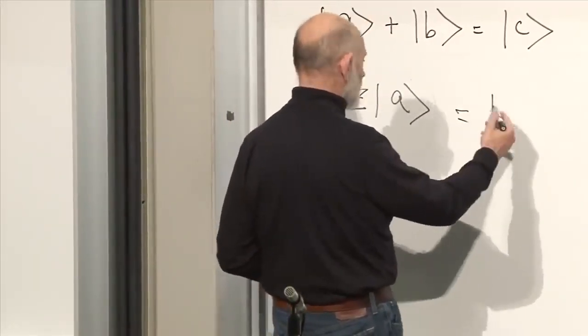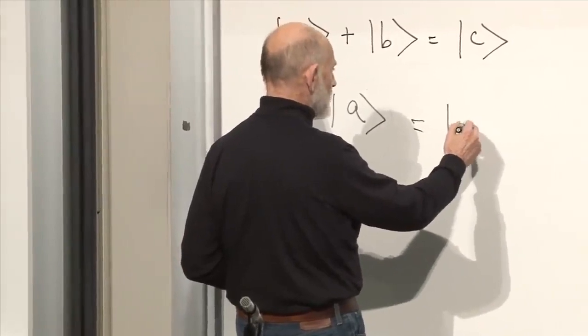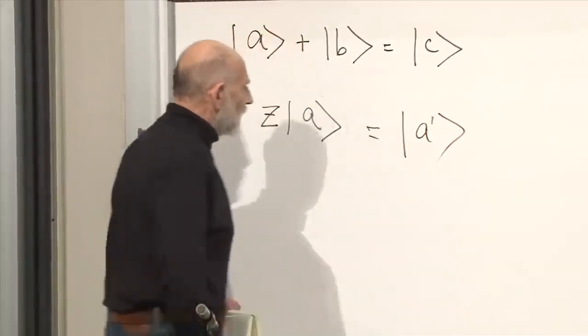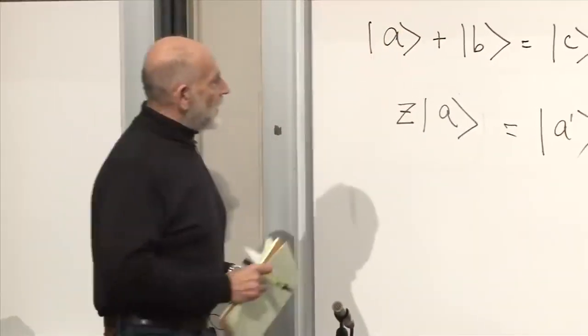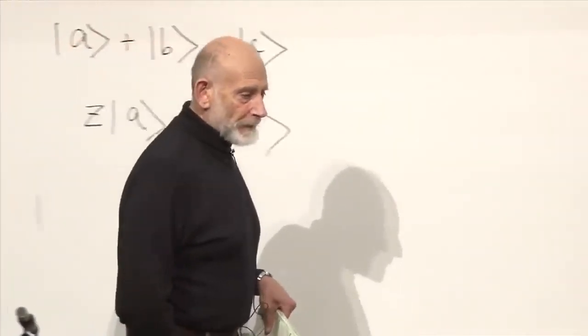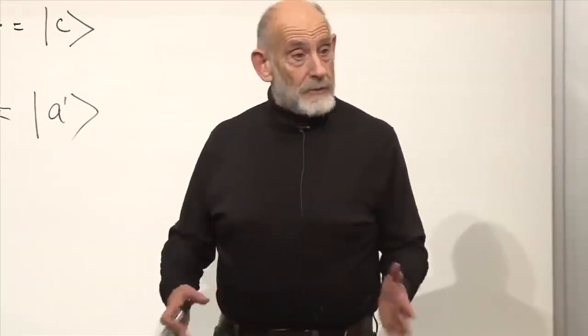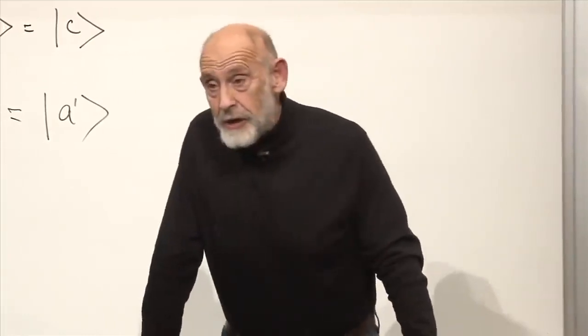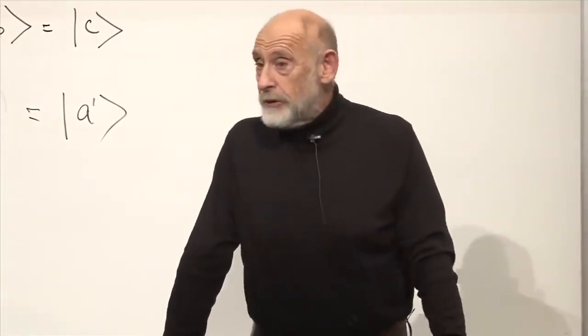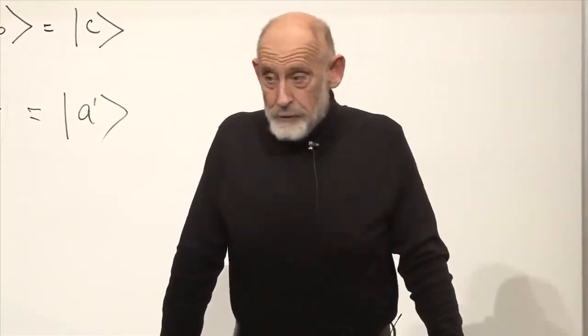Let's call it A prime. So you can multiply vectors by complex numbers. And that's about it. That's all there really is to a vector space. Any set of objects for which you can do this is a vector space.